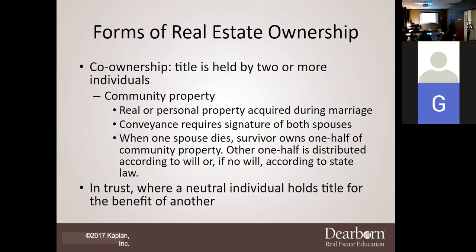Now, in a trust, a neutral individual holds title for the benefit of another. So Mr. Grossman owns a property, and asks Mr. Wyatt to manage his property in trust. In that situation, Mr. Wyatt has no ownership interest in the property.